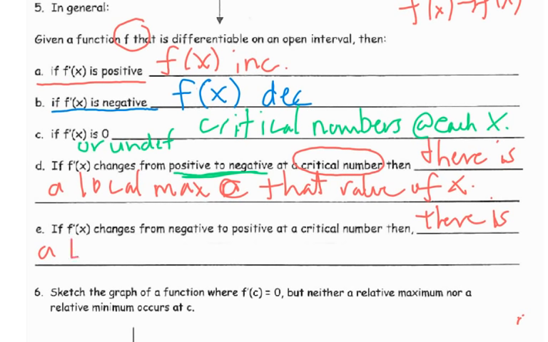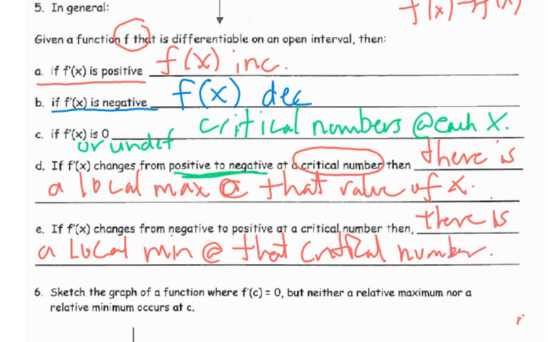There is a local minimum at that critical number. Okay, make sure you really internalize that, and if you go back and look at the graph at the top, you can see that the graph supports what we just talked about.